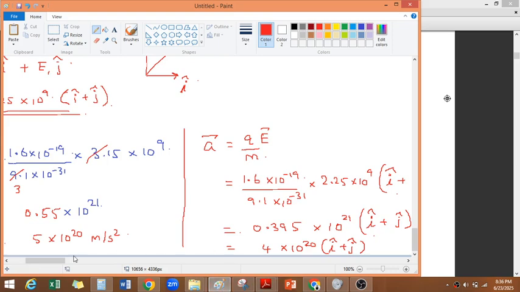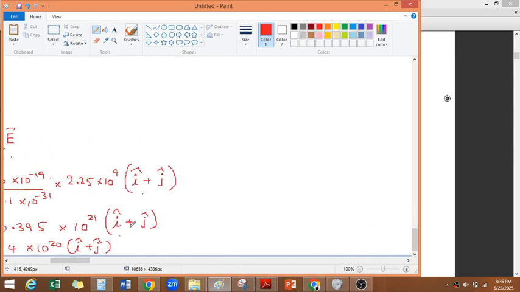How are they the same? You should know that I can write this as meter per second square or Newton per kg, same. What is Newton? Kg meter per second square. So kg cancels. That's why you will get meter per second square.